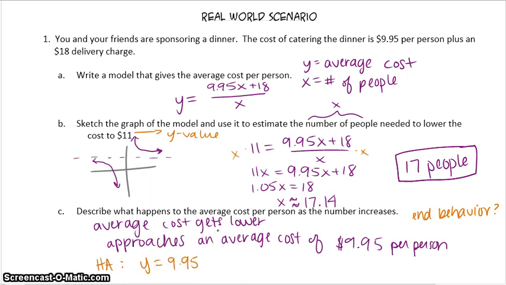Remember, horizontal asymptote is a over c, so that's our 9.95 divided by 1. Since this is our horizontal asymptote, that means it approaches an average cost of $9.95 per person. So that would be our end behavior. It's never going to reach this cost, but it'll get pretty darn close.